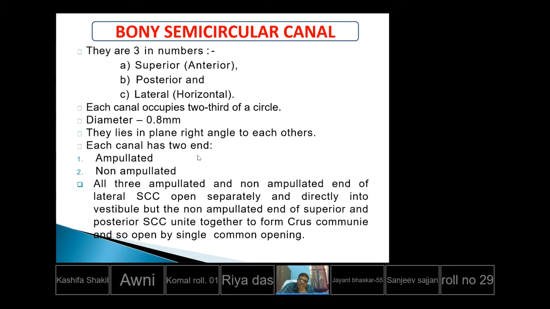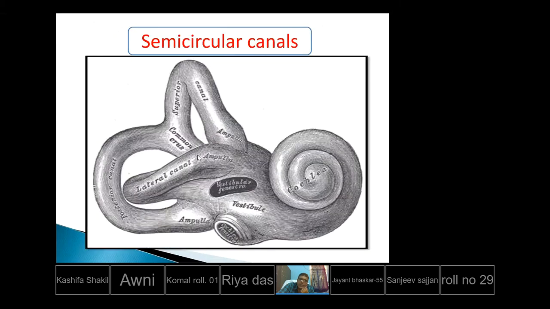But the non-ampullated end of the lateral semicircular canal opens independently. So in total there are 5 openings of the 3 semicircular canals.